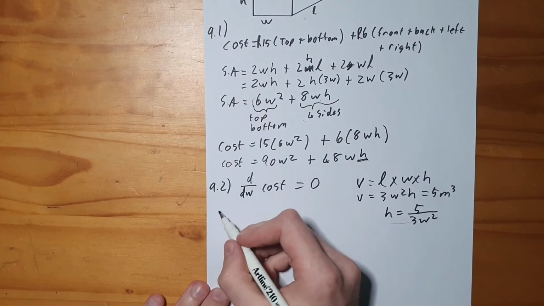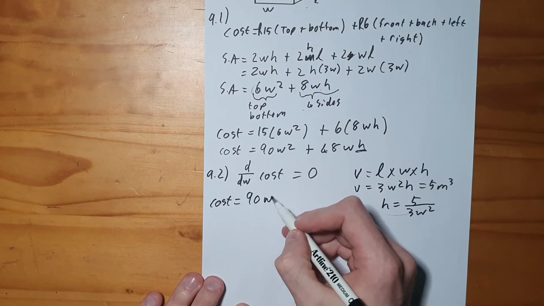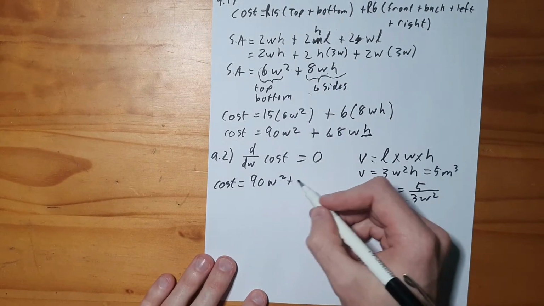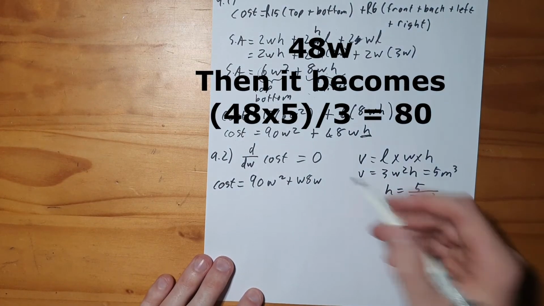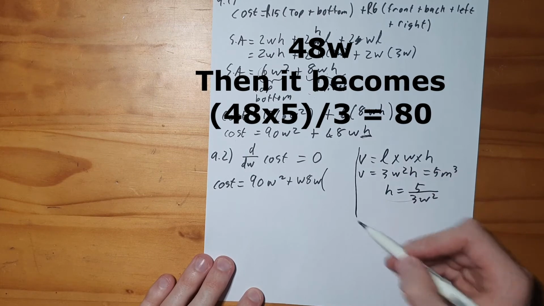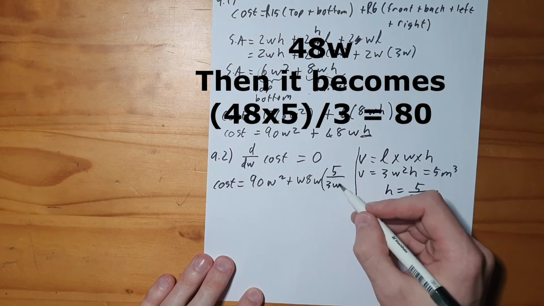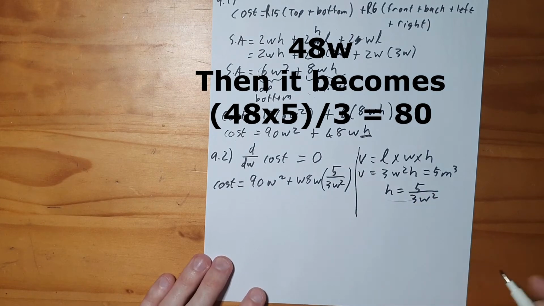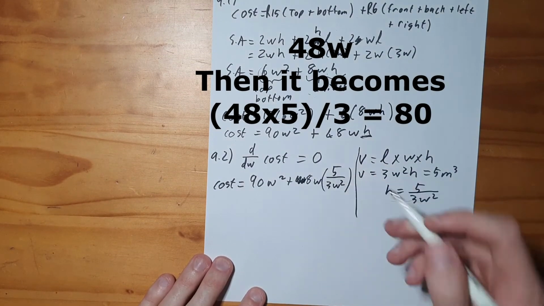So cost is then going to equal 90w squared plus 48w. Now we substitute what h's value was, and that's 5 over 3w squared. Why do I have an extra w here? I shouldn't have that over there.